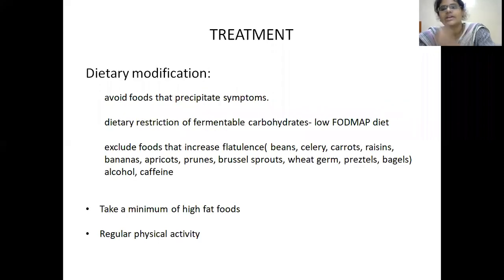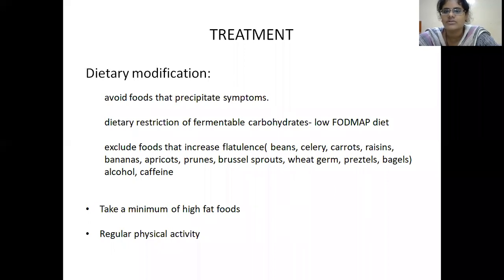Coming to the dietary modifications, the diet protocol will be almost the same for many patients, but there will be individual food items that have to be avoided if they precipitate symptoms. So dietary modification means avoiding foods that precipitate the symptoms.